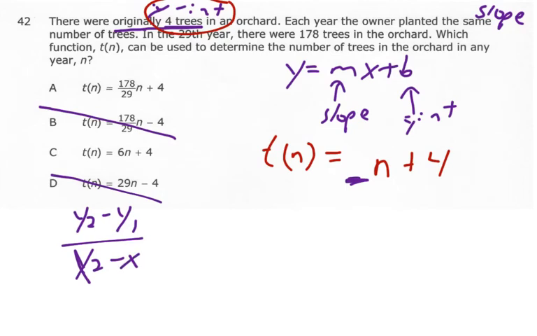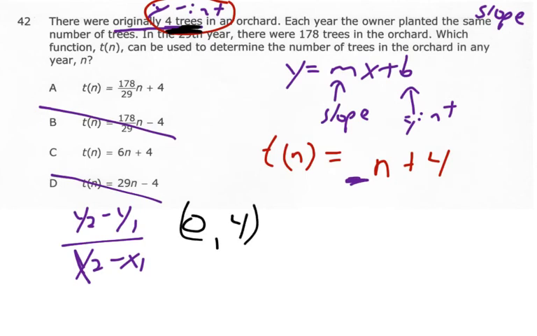So I need to know 2 ordered pairs. Do I have 2 ordered pairs? Well, I have my y-intercept, 4 trees. What year is this happening in? The 0 year. That's before you even started, so we'd say 0 at the beginning amount. So 0, comma 4 is my first ordered pair.